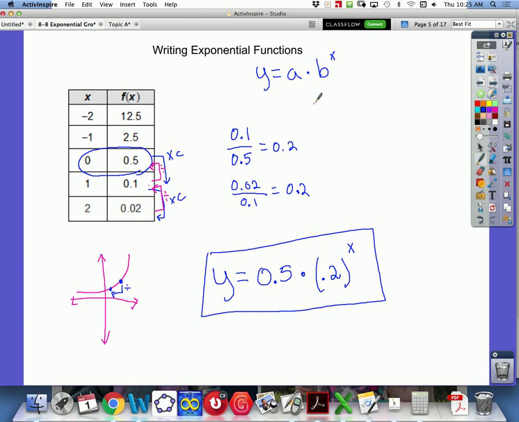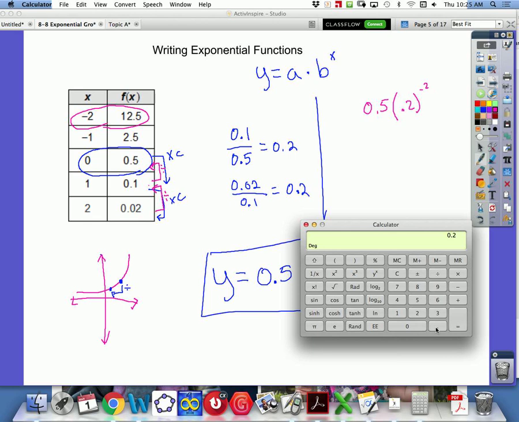If I want to test it, I'm going to test this point right here. Because if this is on this equation, it should be true. So what this is telling me is that if I have 0.5 times 0.2 to the negative 2 power, if we're correct, it should equal 12.5.